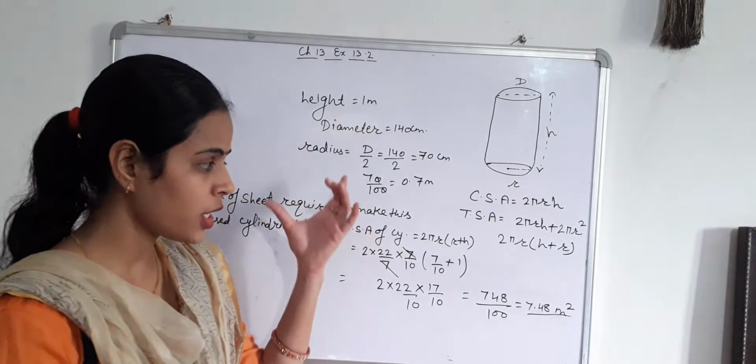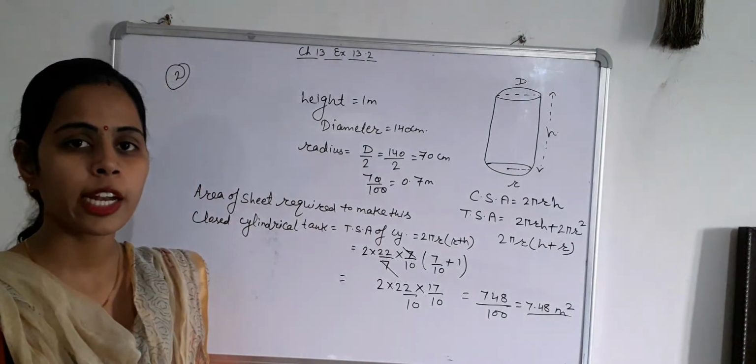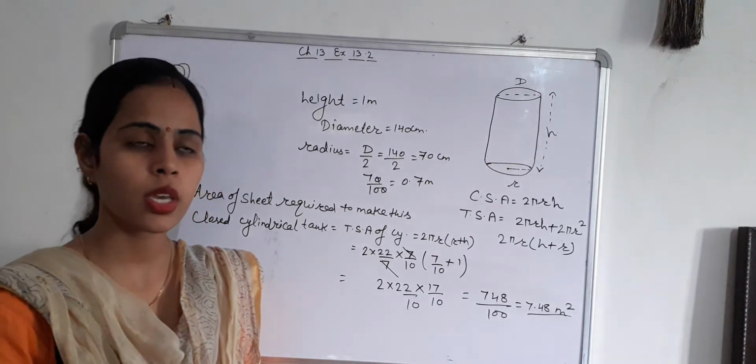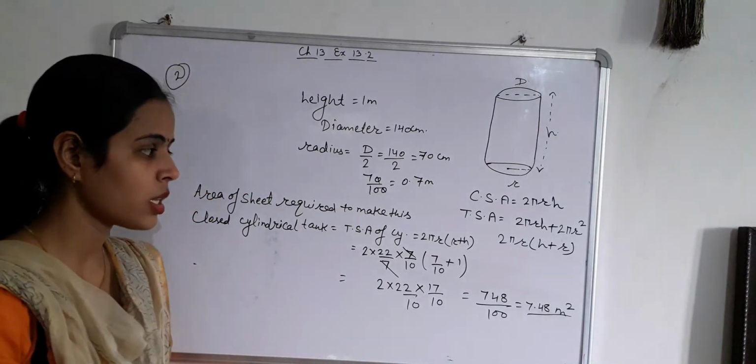So area of sheet required to make this closed cylindrical tank will be 7.48 meter square. Question number 2 is complete.